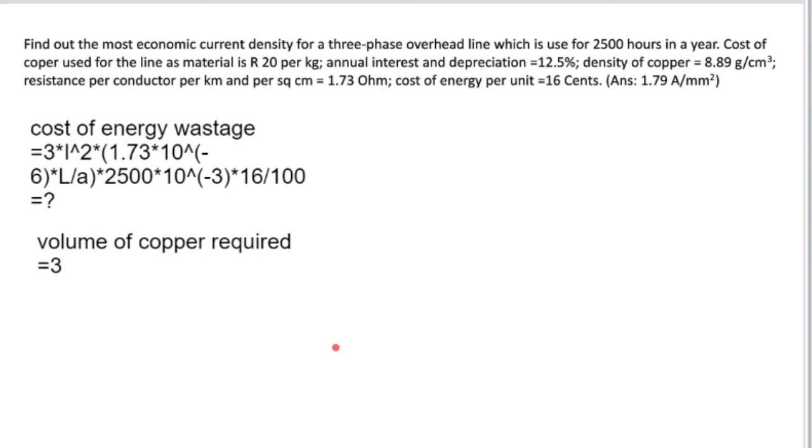In transmission lines we don't have a neutral, but we have an earth, that is a separate issue. In these cases we are going to use 3 for the 3 lines, and A is the cross-sectional area in centimeters. So that's 3A, and L, the length of the line, in centimeters cubed. Right?